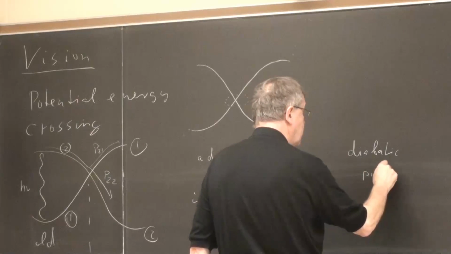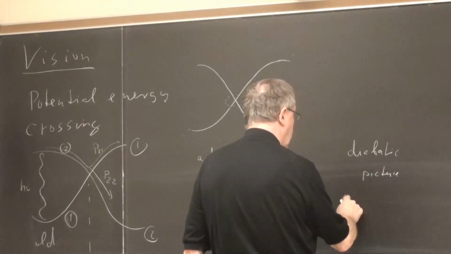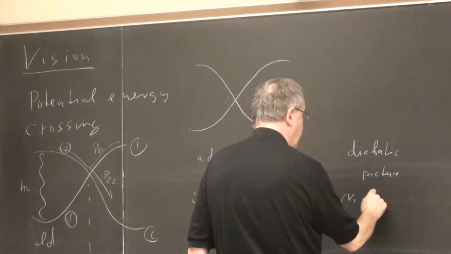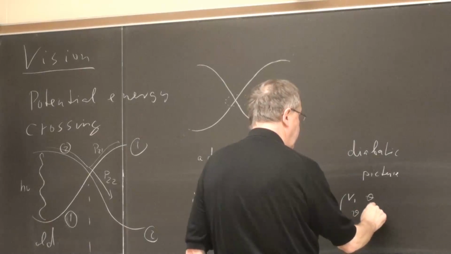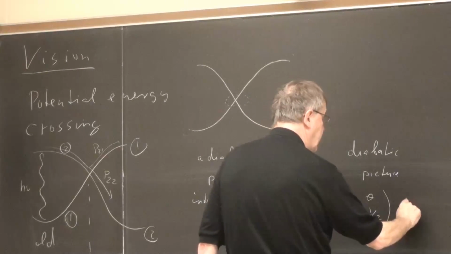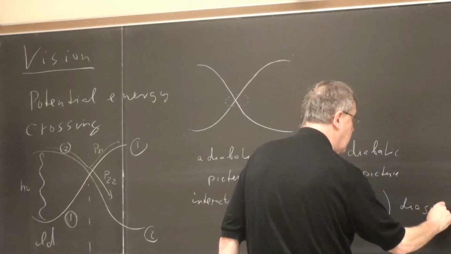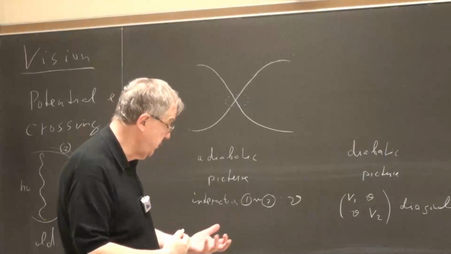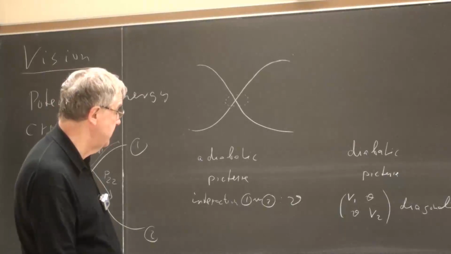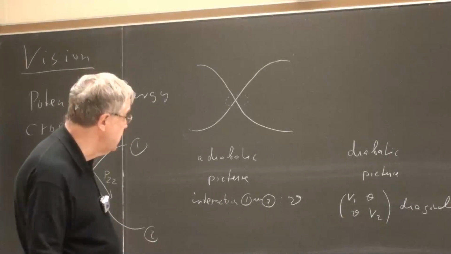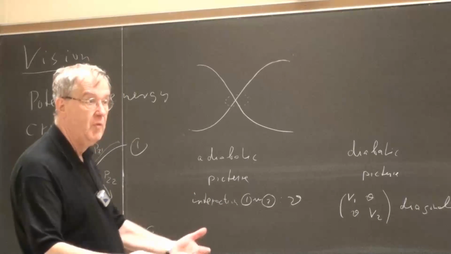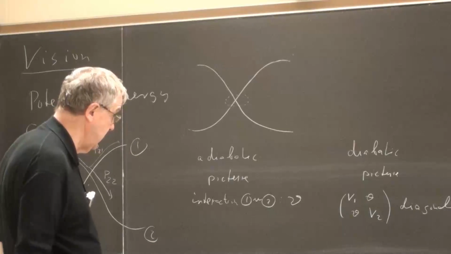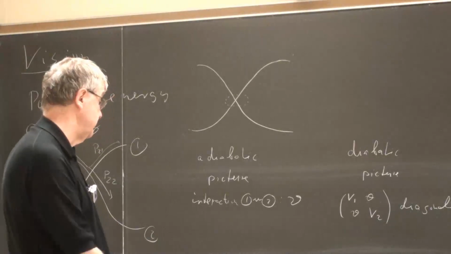In this picture, we look at the Hamiltonian V1, small v, small v, V2, and diagonalize it, because the stationary states always correspond to the diagonal form of the Hamiltonian. Here we want to ignore the kinetic energy of the system because what is really moving here are the nuclei of the system and not the electrons, and so we can ignore it for the moment. So this is what we have.